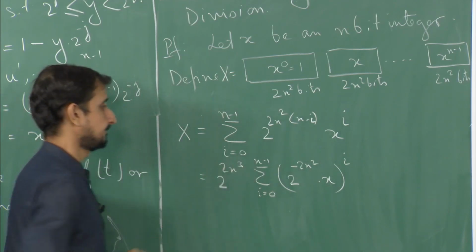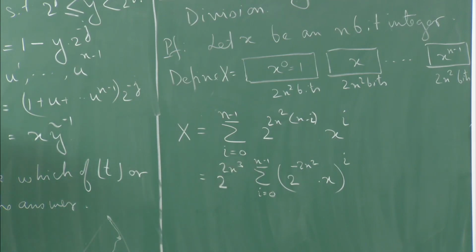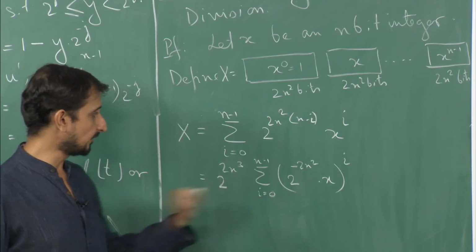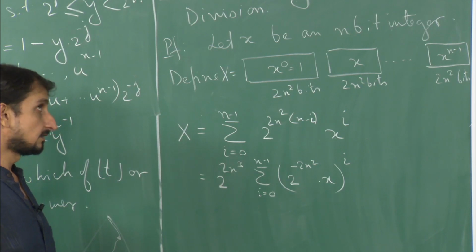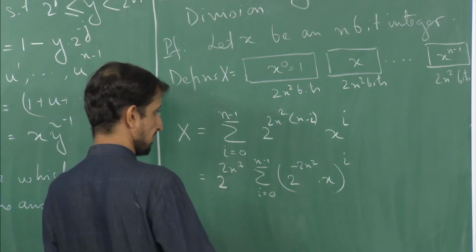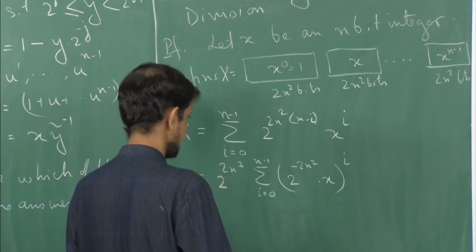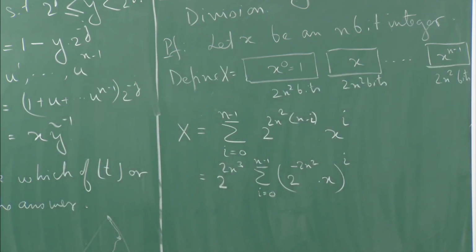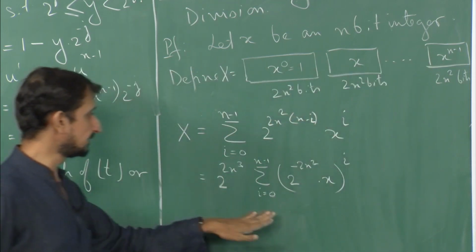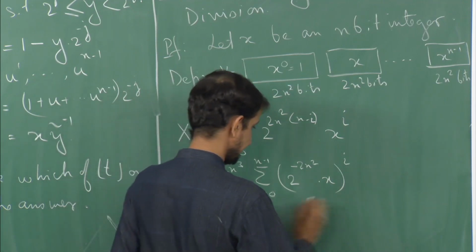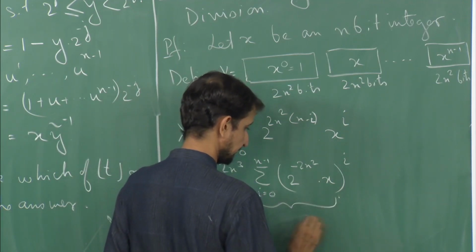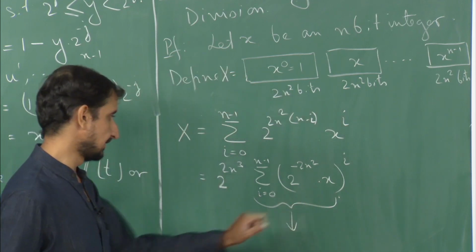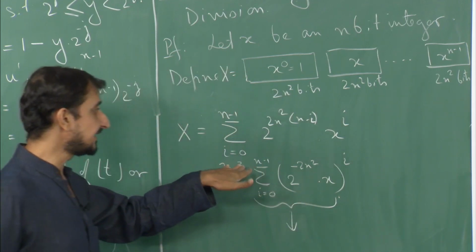Now this quantity, how do I want to say this? What can I say about this quantity? What happens as n tends to infinity?